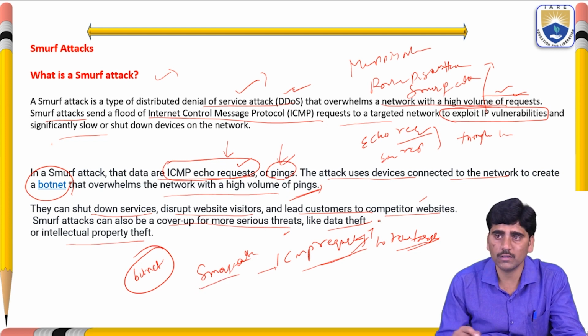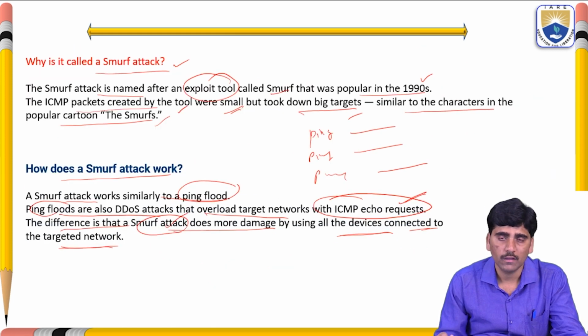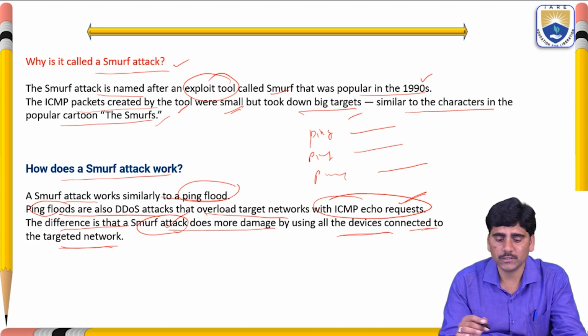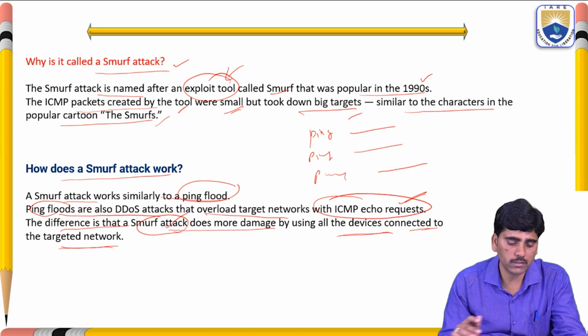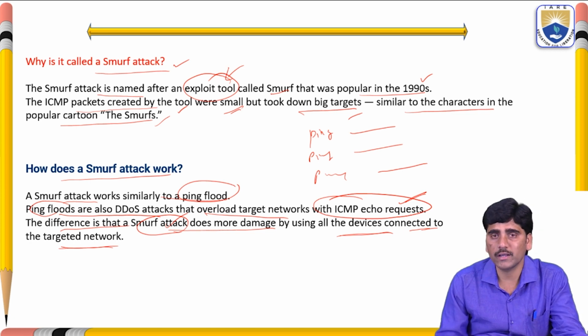It is called a Smurf attack because in the 1990s an exploit tool created an ICMP request and sent it to all the systems, so the attacks started at that moment. It works like a DDoS attack, sending many ICMP echo requests, and damages more of the systems and devices connected to the network.